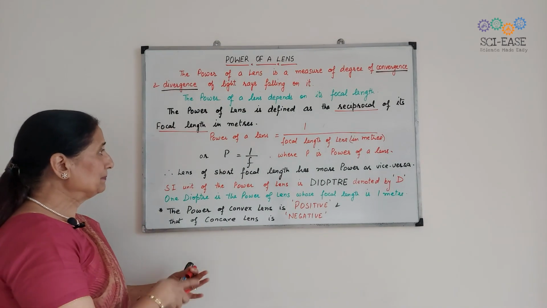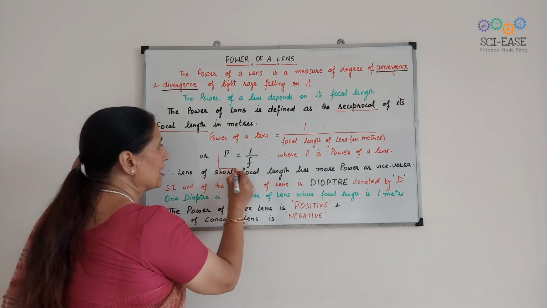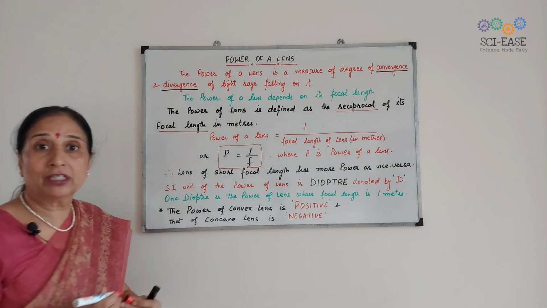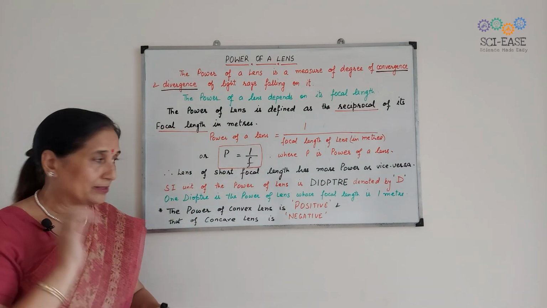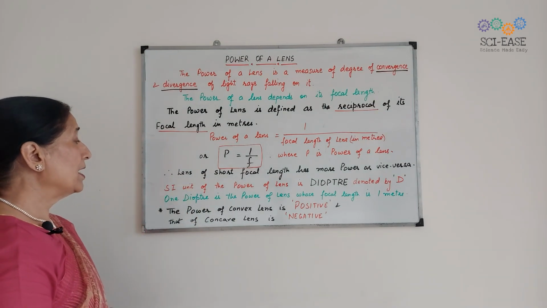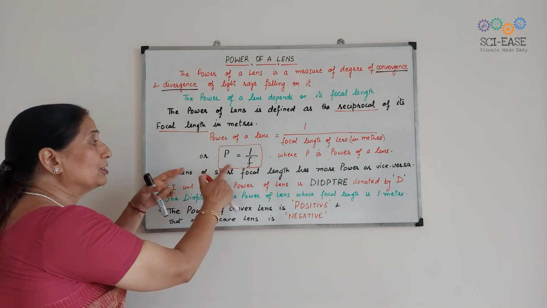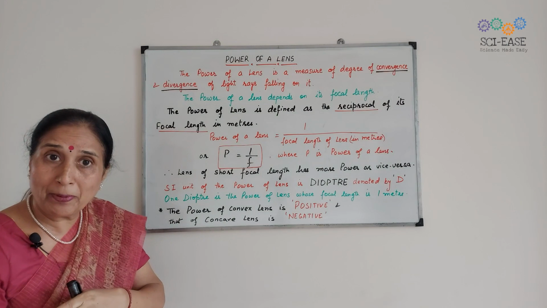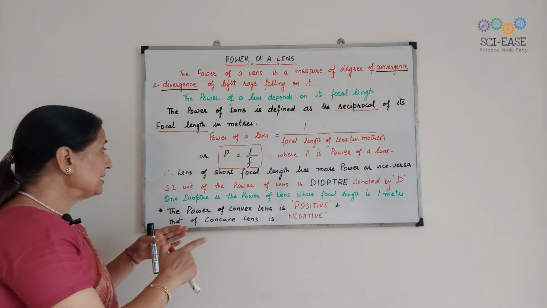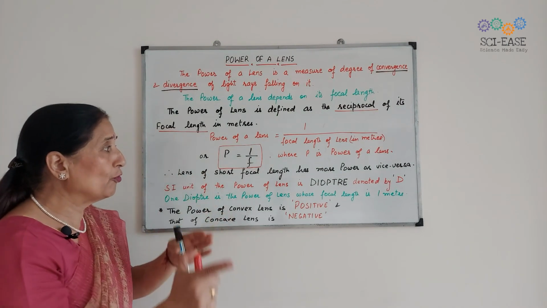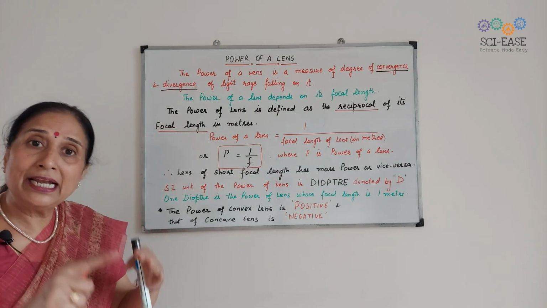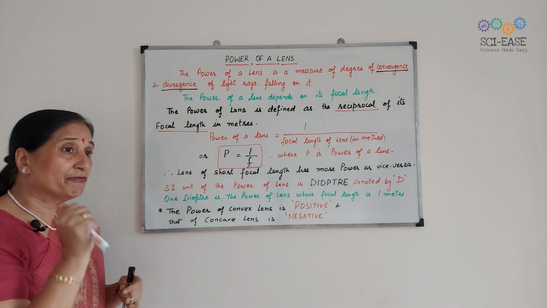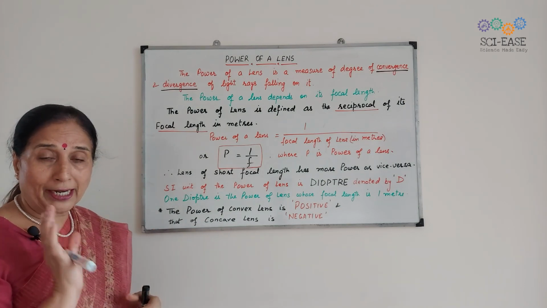This is the expression which is used to calculate power in the numericals. The lens having the short focal length has more power, and the lens having the long focal length has less power. This you should remember. Each and every word is important.